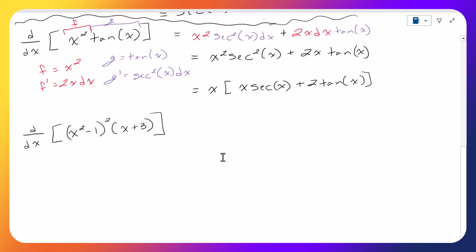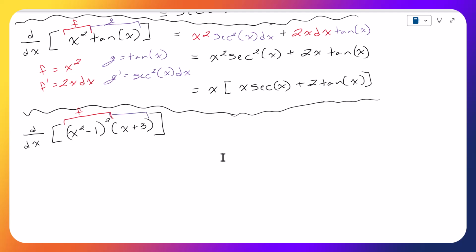And then our last example, this is where I'm going to start bringing in the chain rule. But we have two functions multiplied together. We have f, we have g. F equals x squared minus 1 squared. F prime, here we're going to be careful because we have this x squared minus 1 all squared. So we can just use the power rule to say this is 2 x squared minus 1.